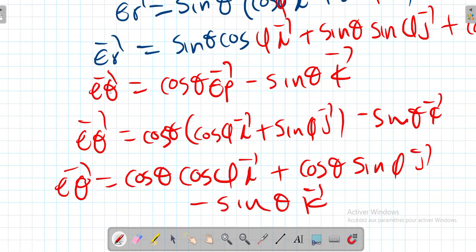So you've expressed it as a function of E, G, K. Your E theta is now a function of E, G, K, and your E rho is also a function of E, G, K. So this is how you find ER, E theta, E rho, and E phi in the base Cartesian. And this is how you construct everything that you need to know about the spherical coordinate system.